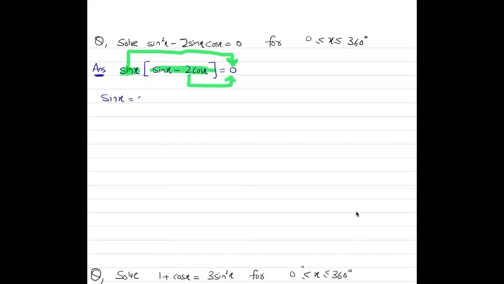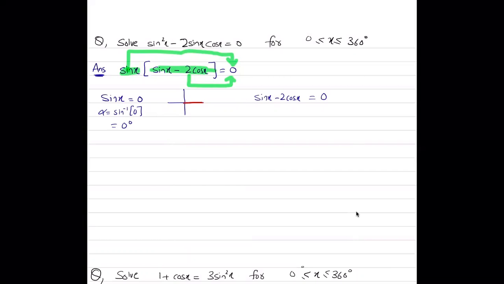So sin x equals 0, that's one part of the solution, and sin x minus 2 cos x equals 0. Now I'm going to have the values of x from here and then values of x from here. So this is very easy to solve. So the basic angle: sin x is 0, right? Now, when is sin x 0? If I take out the basic angle, that is sine inverse of 0, I get 0 degrees.